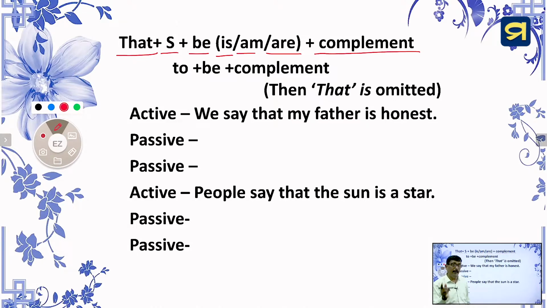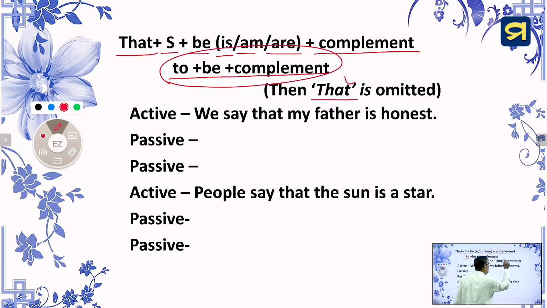It may be a noun, an adjective, or an adverb. When we change from active voice to passive voice, these patterns should be used. And meanwhile, "that" is omitted when the subject of the noun clause is used in the beginning of the sentence.